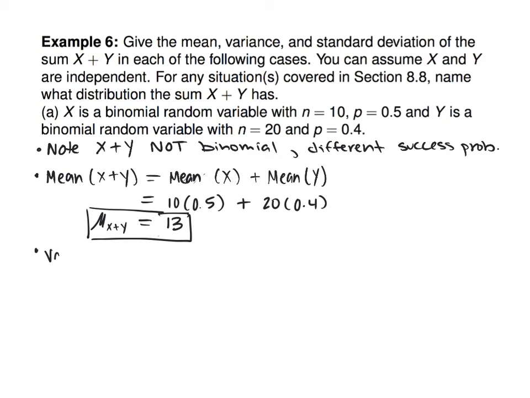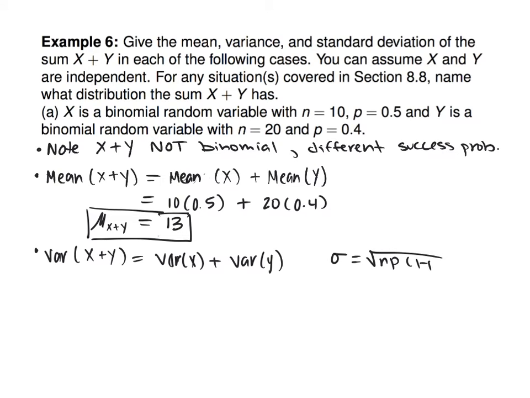Okay, next the variance. I'm just going to abbreviate that var. Var of x plus y is variance of x plus variance of y. For a binomial random variable, we know that sigma is the square root of np(1 minus p). That's the standard deviation. So the variance, sigma squared, is np(1 minus p).